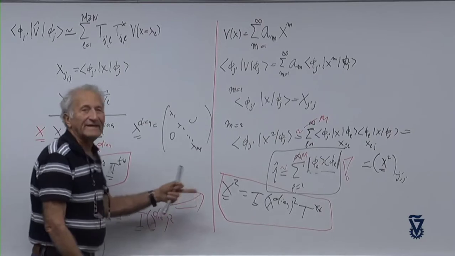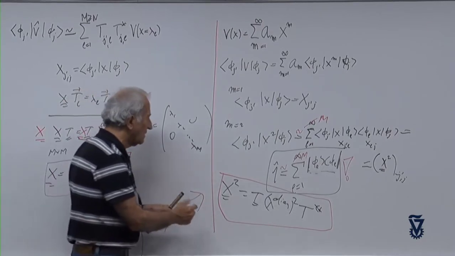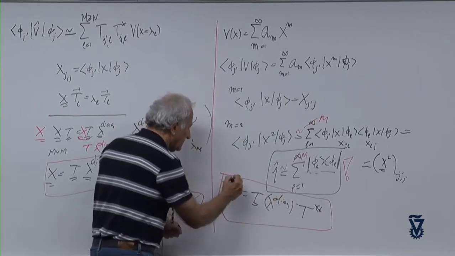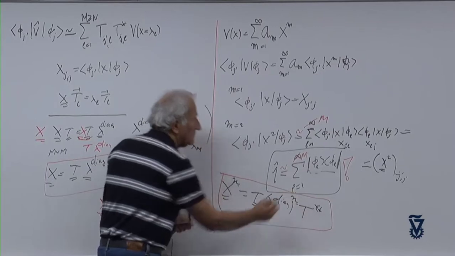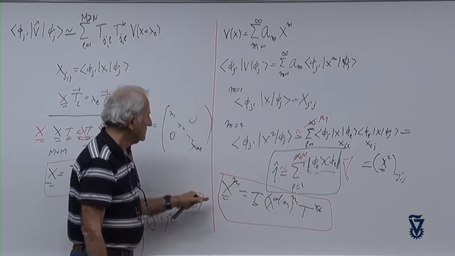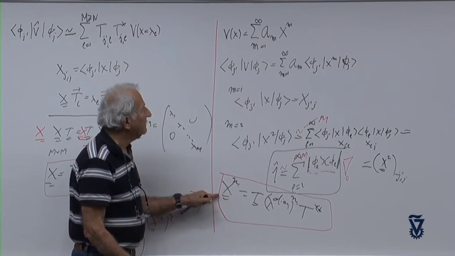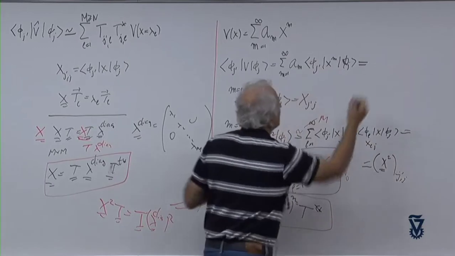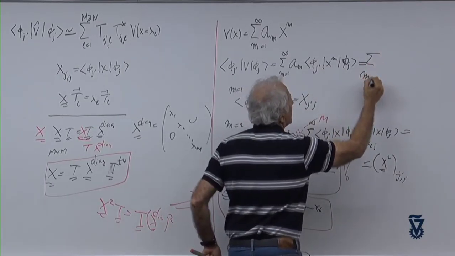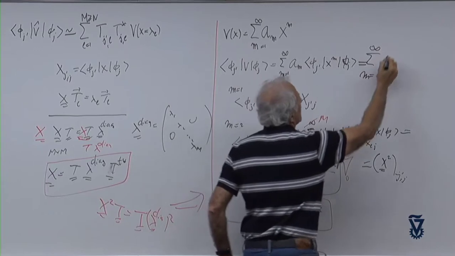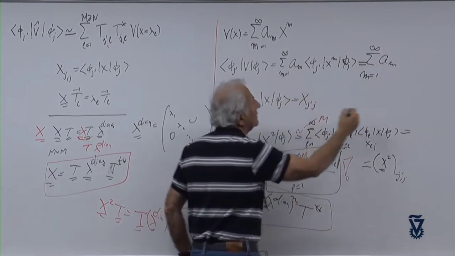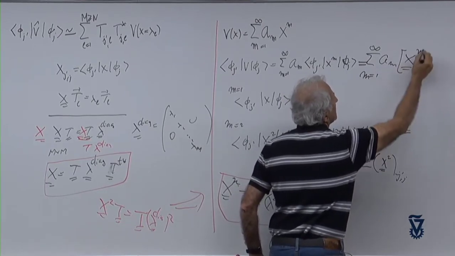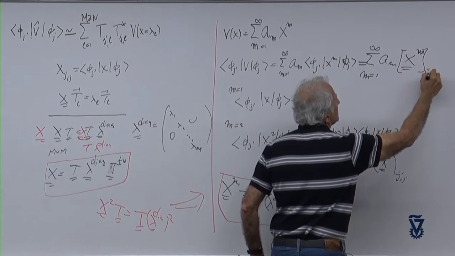Now, it's very easy to see that using this approximation, we can generalize it to be like this. So, coming back to this equation, we have a summation over m from 1 to infinity of a_m, and here we have the matrix x to the power of m, and then we take the matrix elements j prime j.